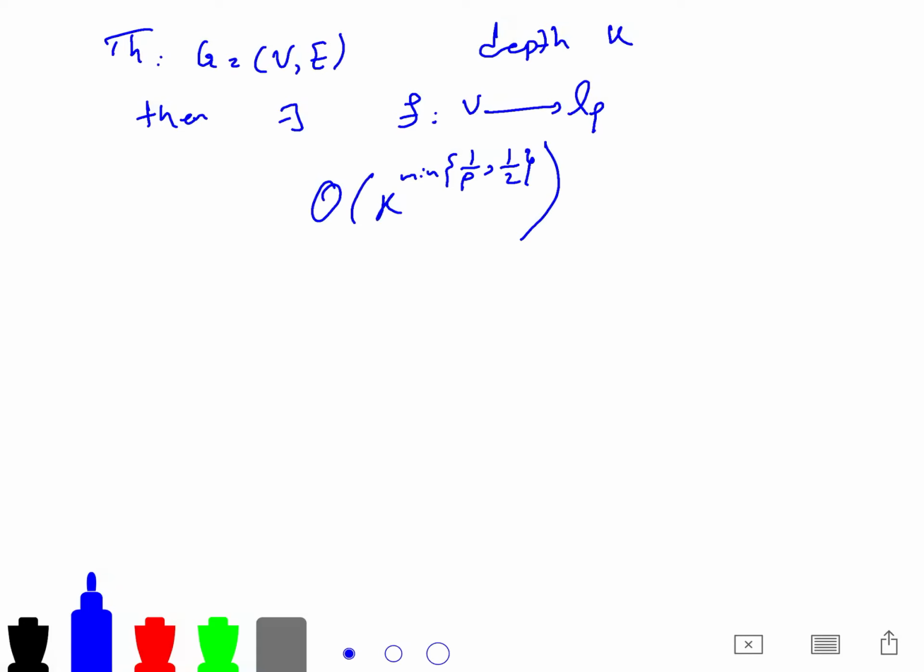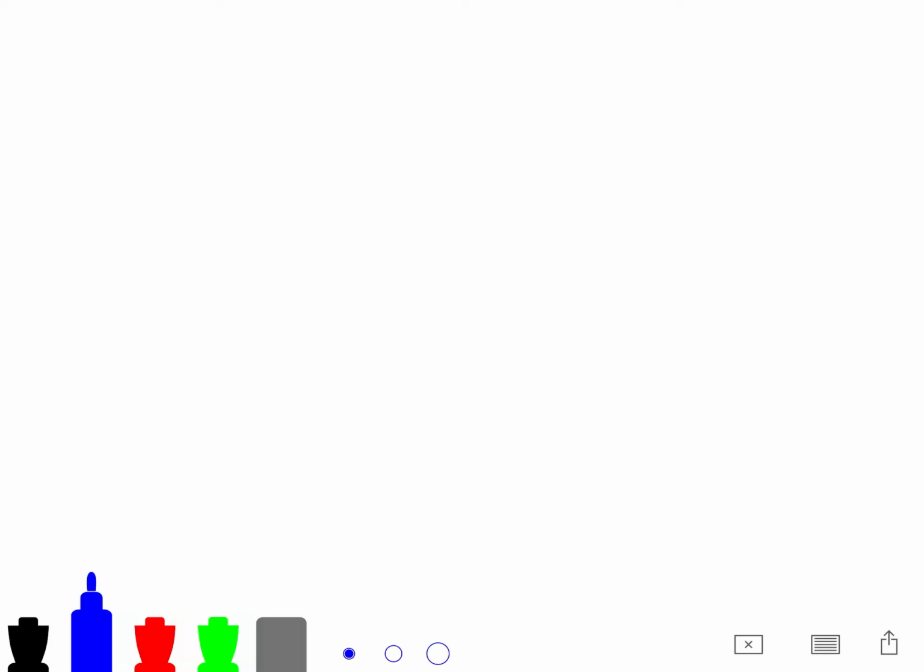Arnold proved this interesting theorem with a construction, so not only existence, but also an explicit construction that can be used for applied purposes.